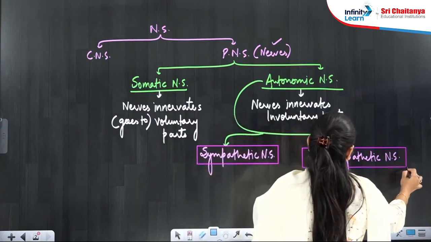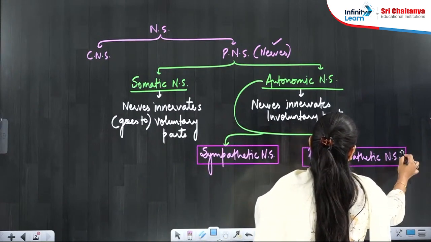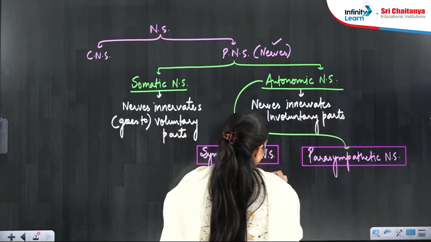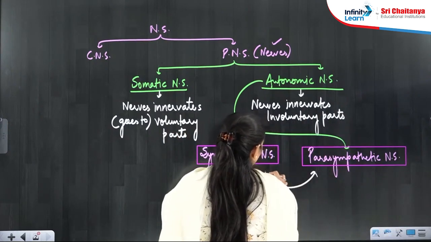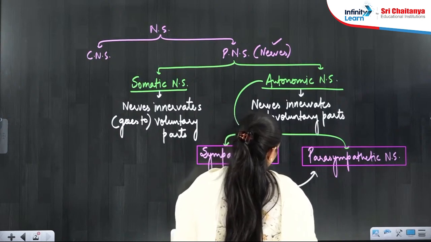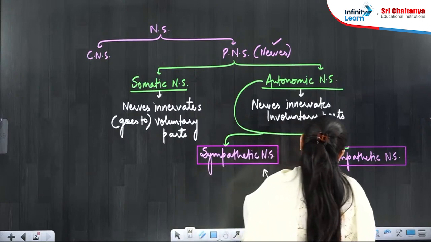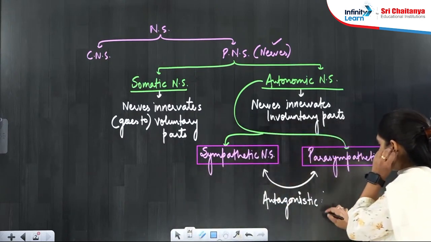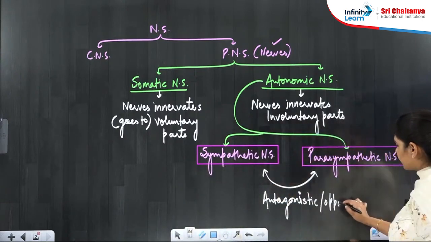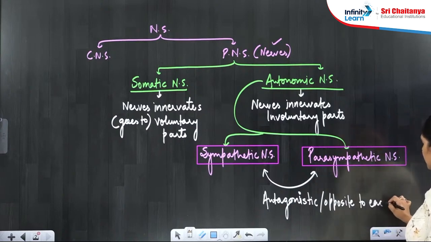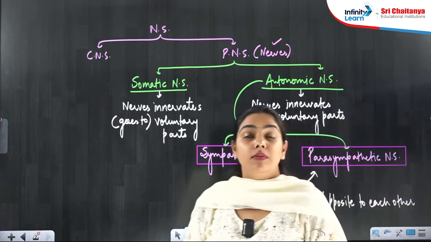They both will not do the same function, beta. That is why, let me write, they both are antagonistic to each other. Antagonistic means opposite to each other. If one is stimulatory, the other will be inhibitory.